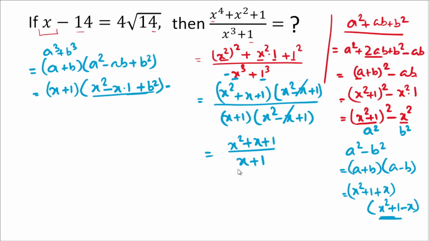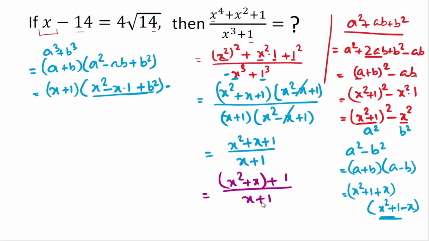Now I will solve this expression. We'll use one trick: we'll split this expression, writing x^2 plus x separately and plus 1, divided by x plus 1. We can take x common from x^2 plus x, so x times (x plus 1) plus 1, divided by x plus 1.